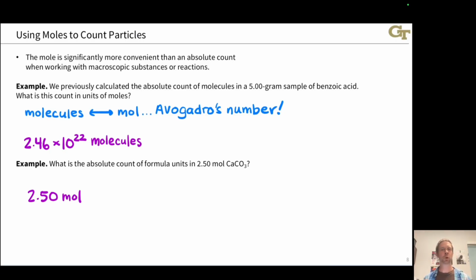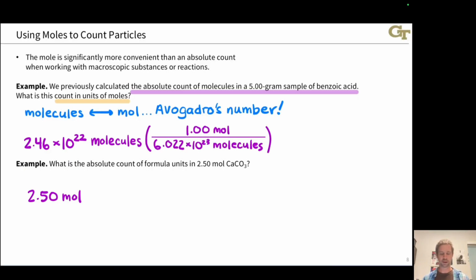So for example, we previously calculated that in a 5-gram sample of benzoic acid, there are this many molecules, an astronomically huge number. To express this count in units of moles, what do we do? Well, we use Avogadro's number and the fact that it has units of per mole, or molecules per mole in this case, right?